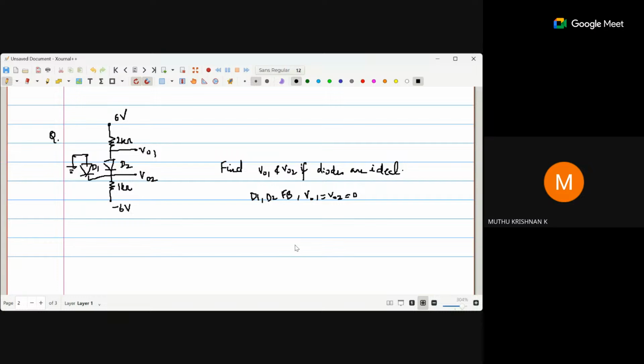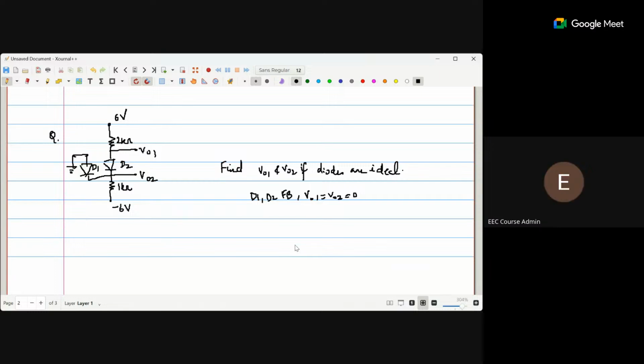Yes, ma'am. The V01 and V02 is 0, right? Correct. I mean, how did you conclude that V02 is 0 while considering D2 also? Yes, ma'am. Because if we take D2, it will cause -2 at that node. Correct. Comparing to that, 0 is higher, so we should take the higher magnitude. So it's safe to assume V01 and V02 are at 0 volts.